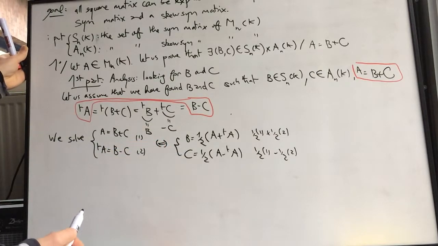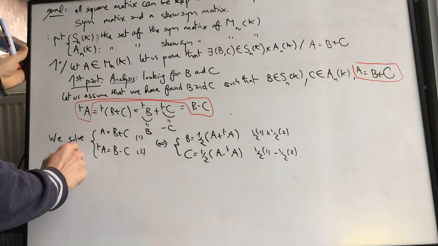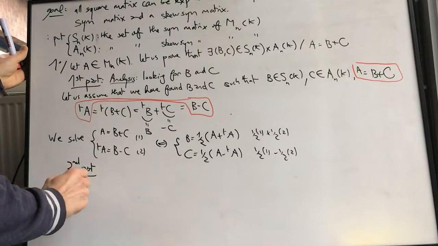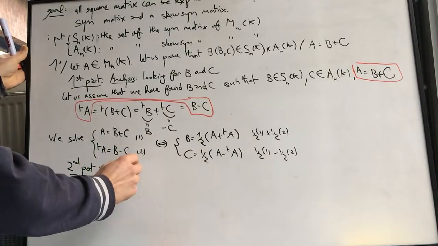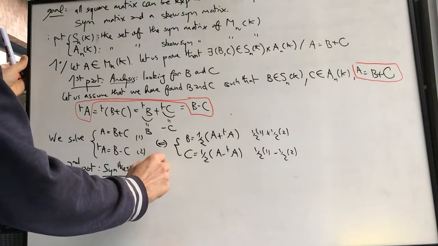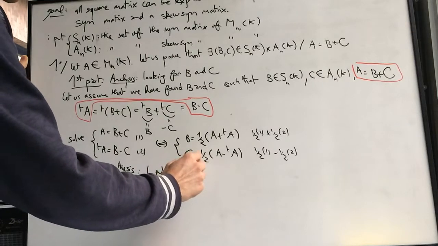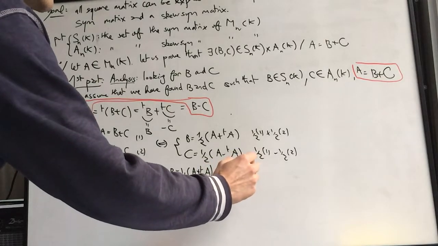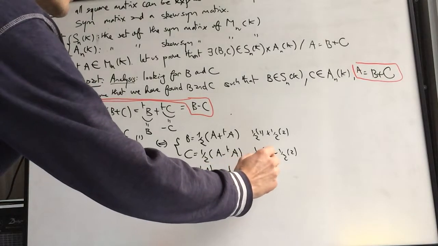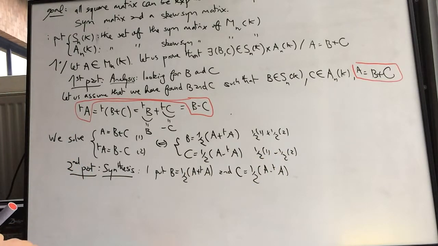This is the end of the first part, analysis, and then second part, synthesis. I put B is equal to 1 over 2 A plus transpose of A, and C is equal to 1 over 2 A minus transpose of A. And then I'm going to check that B and C hold the wished properties.